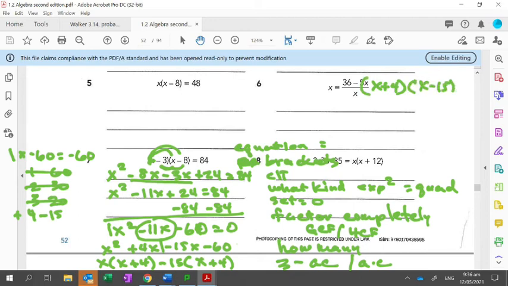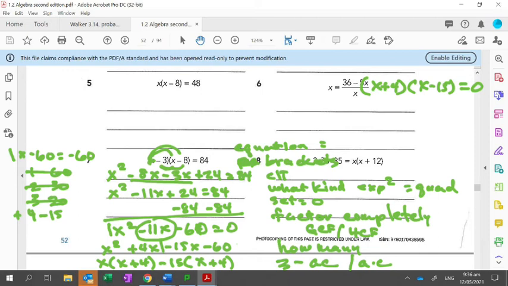Now I'm going to put back the equal 0 because we're going to solve it now. I took it off to the side because I was factorizing, but once you have it factorized, then you need the equal 0 part. Now what am I going to do?